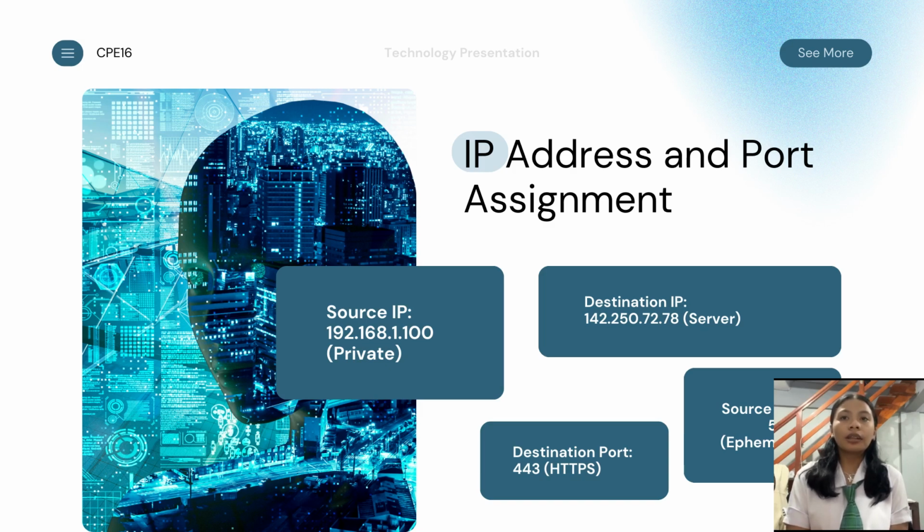In addition, the application running on the PC is assigned a source port number, which is a randomly generated ephemeral port. So in this case, the source port is 54321. Then, the destination IP address is the server's public IP, which in our scenario is 142.250.72.78.